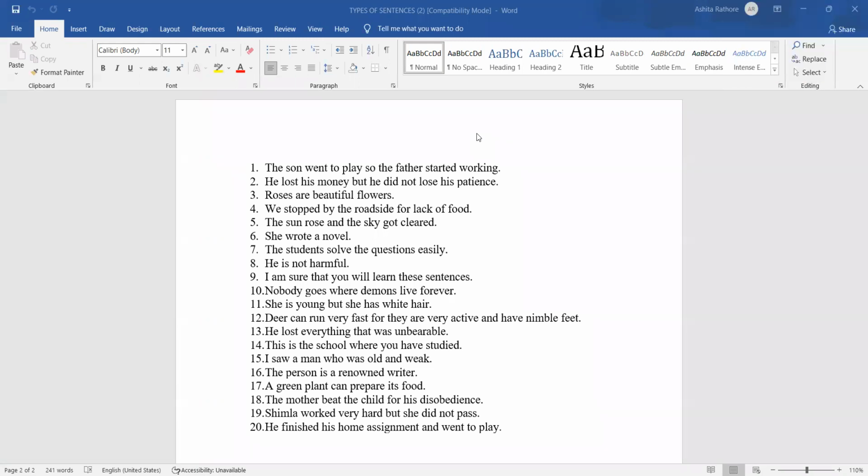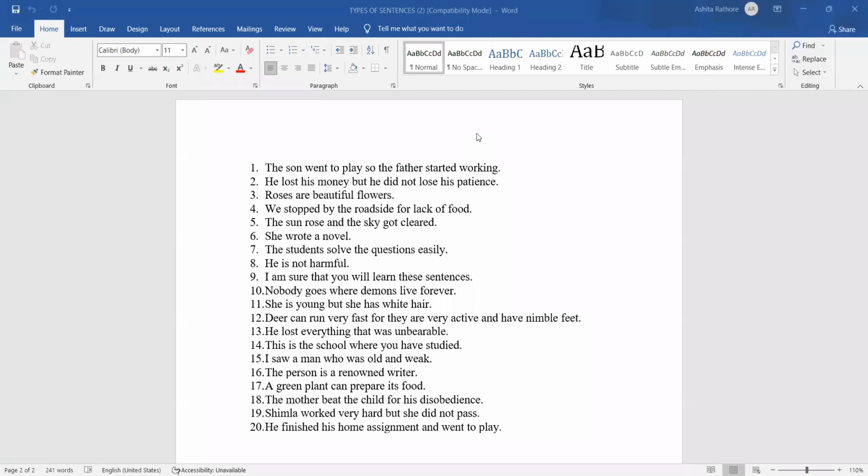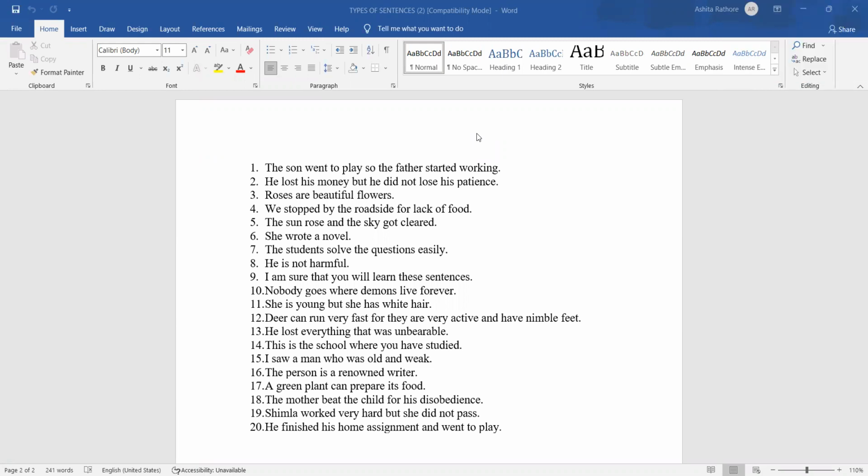Independent, ma'am. तो फिर क्या होगा? Compound sentence. Complex. Yes, complex. Compound में आता है subordinating clause. Complex में आते हैं दो independent clauses together. ठीक? आया समझ में?